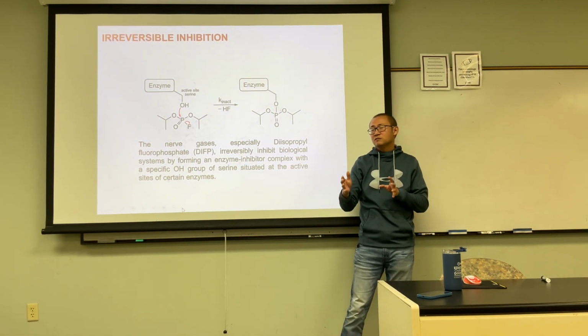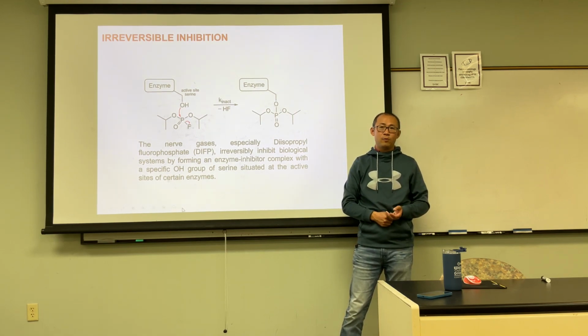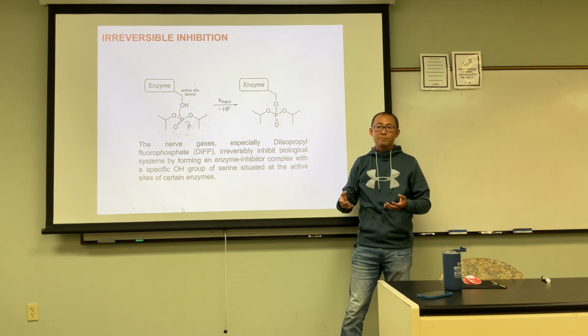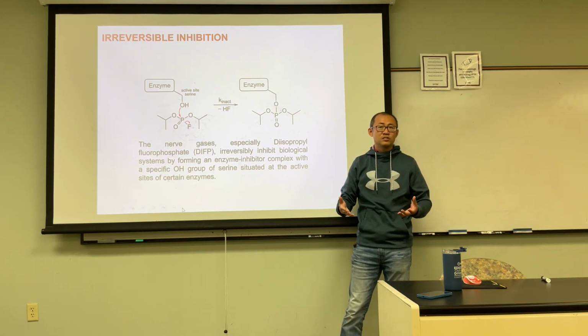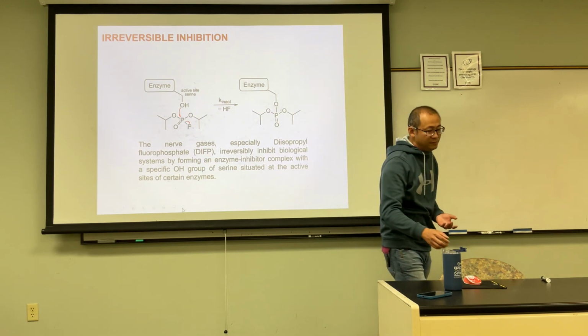So you cannot hydrolyze your choline, you will keep contraction, for example. Okay, the same mechanism. That's why these bio gases are very dangerous or high impact power, because they irreversibly shut down your enzyme. There is no antidote. Okay, this is another example.